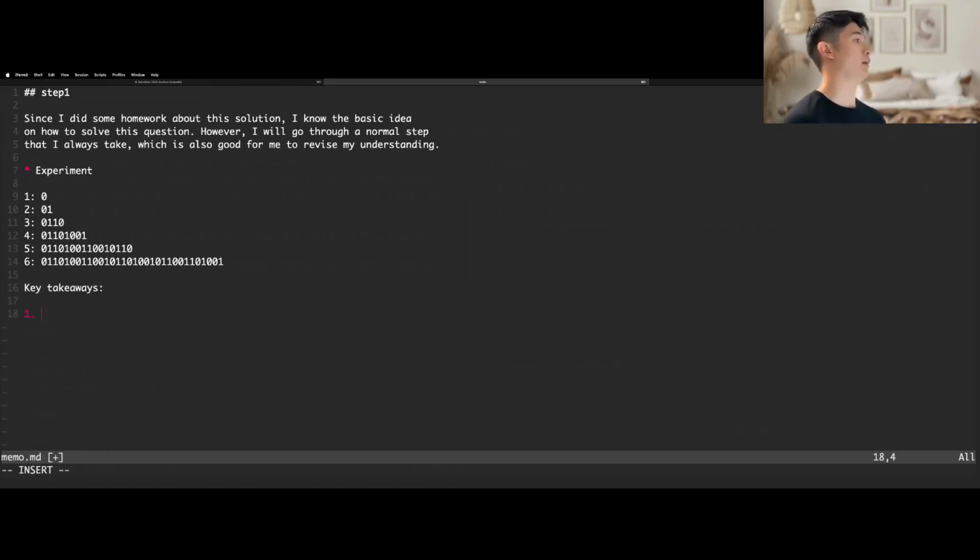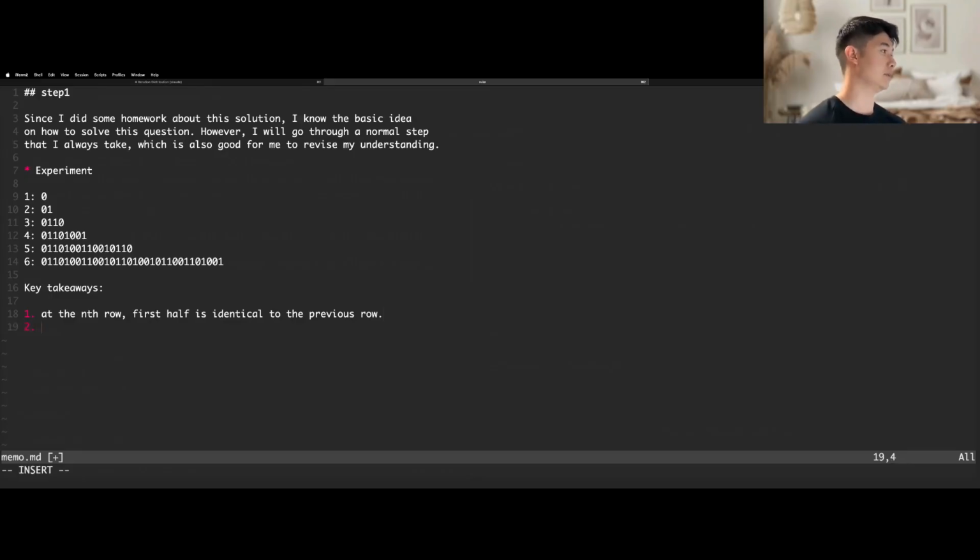First, at the nth row, the first half is identical to the previous row.